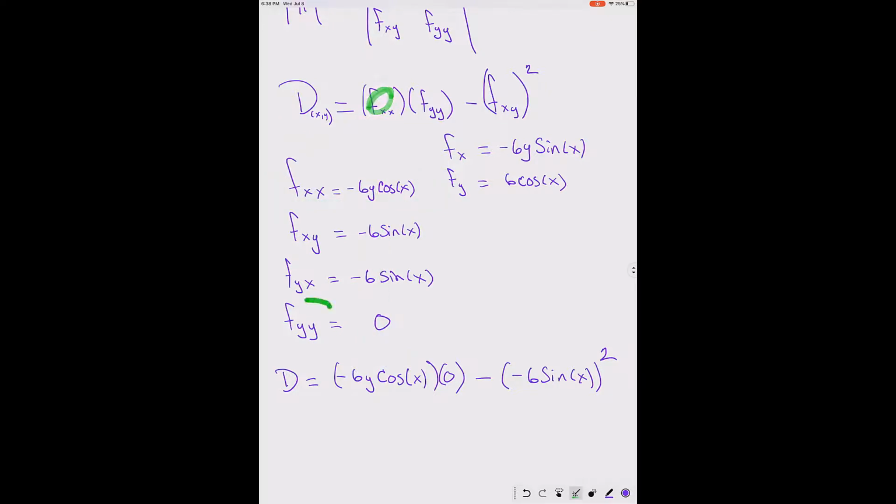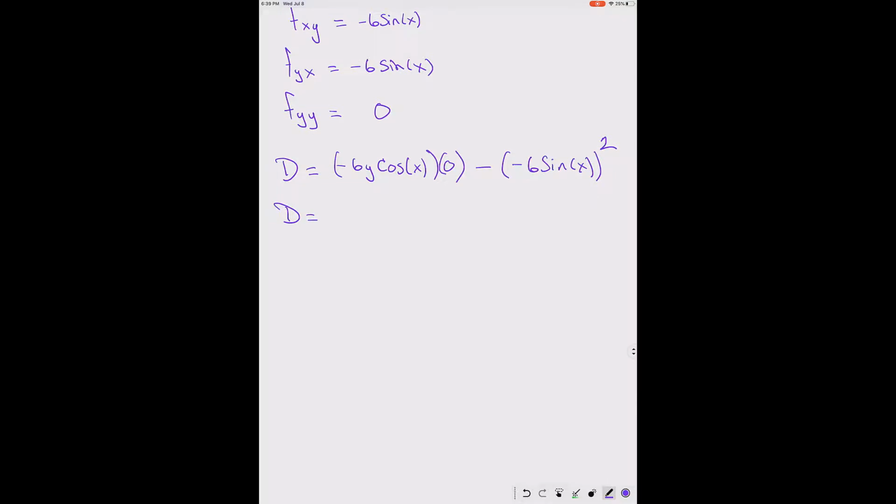And then I take the partial derivative with x first and then y second and square it. So when this simplifies, I get D is equal to 0 minus 36 times the sine squared of x.